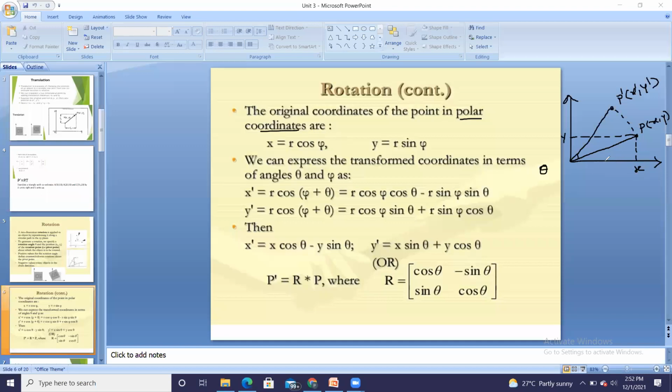Polar coordinates have something to do with your angle. So here I will consider this angle of point P, which was phi. It is considered as psi. So this angle we are going to call psi.